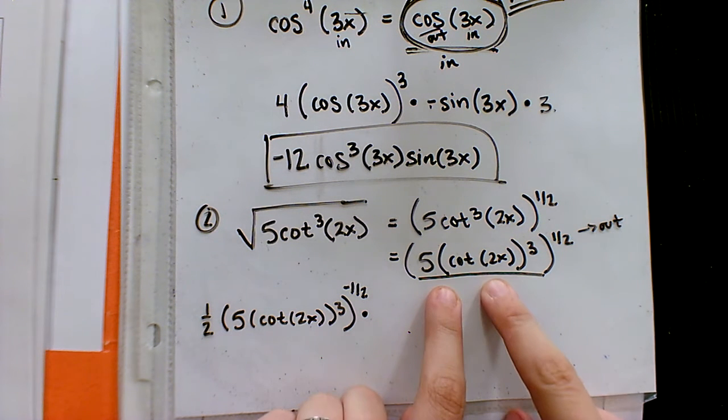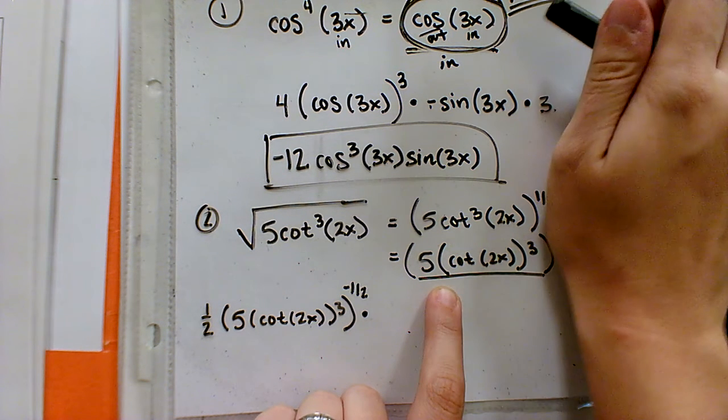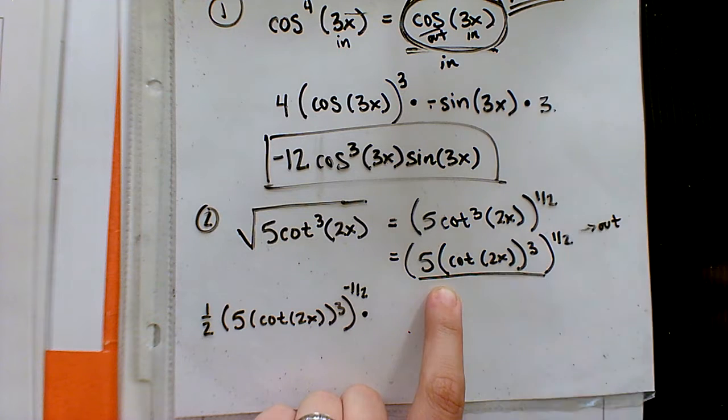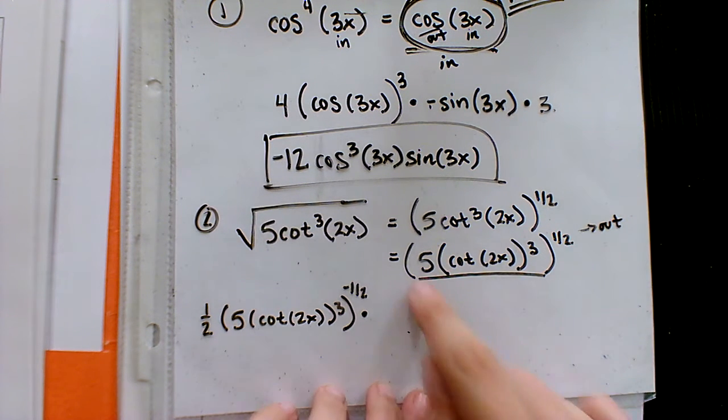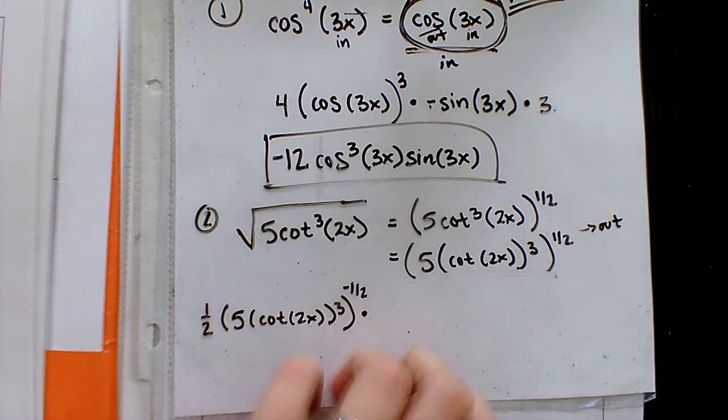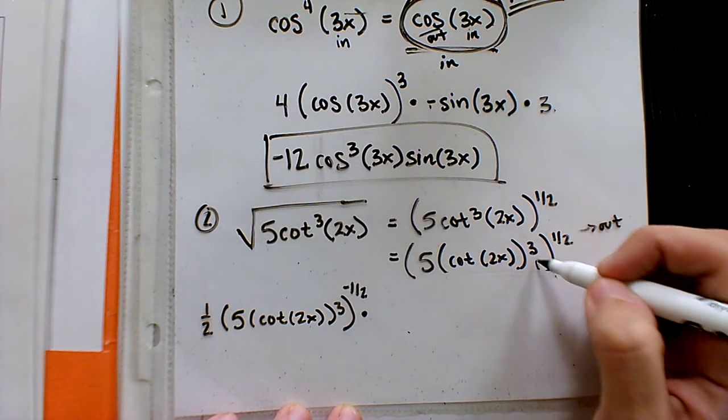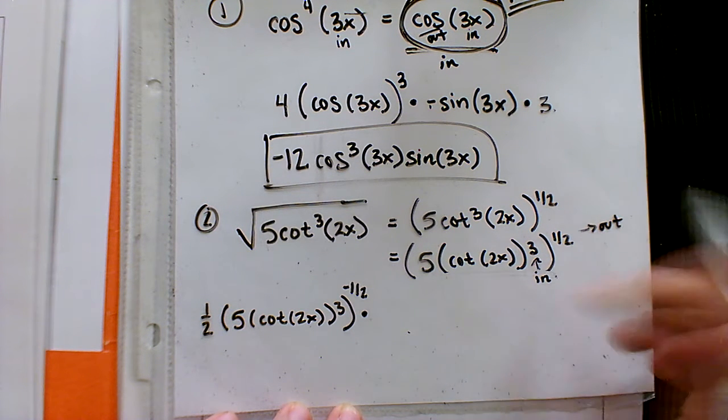All right? So take a look at this inside part. How can we find the derivative of that stuff? So we already did the 1/2. We can ignore that. How are we going to find the derivative here? We're going to do the same power rule type thing, where we do the exponent times the 5, and then we do the exponent minus 1.